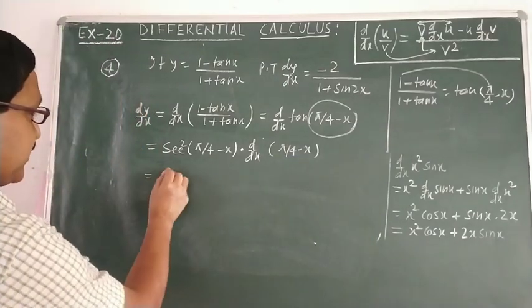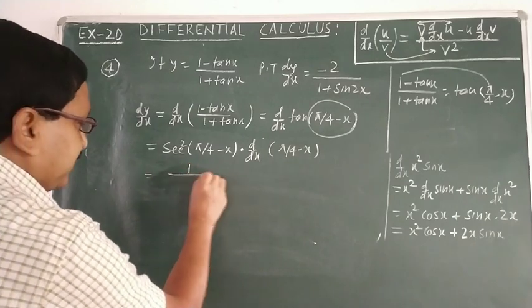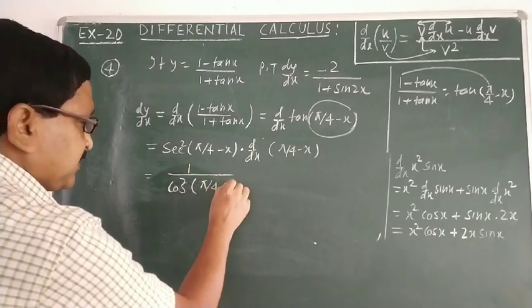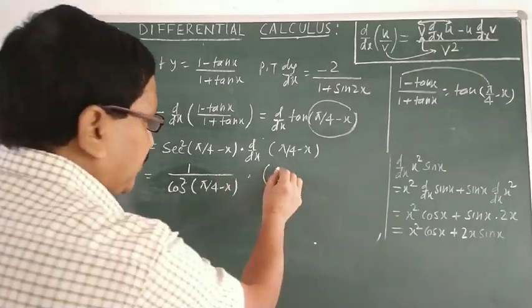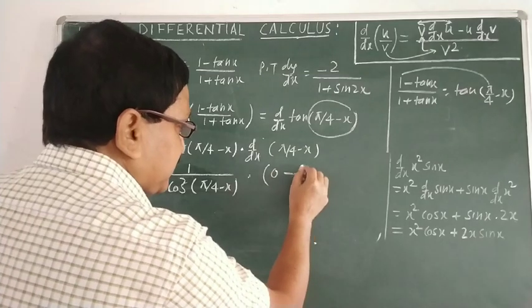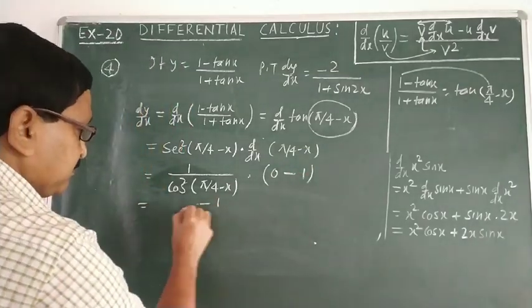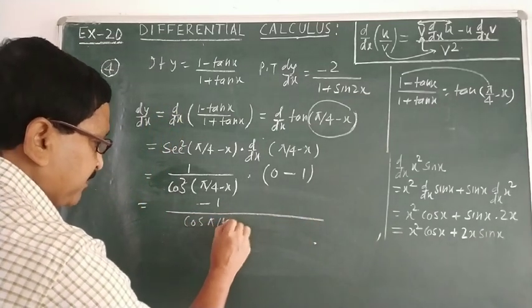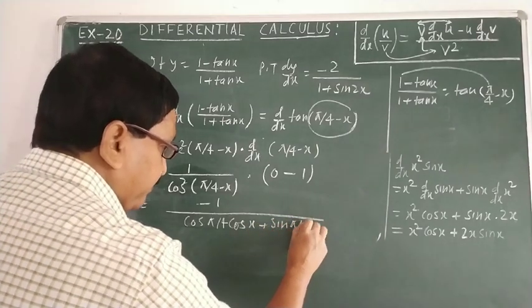After that, sec square is brought to the denominator, cos square of pi by 4 minus x, into the differentiation, where the differentiation of the constant is 0 and of minus x is minus 1. So this is minus 1 by cos A into cos B plus sin A into sin B.